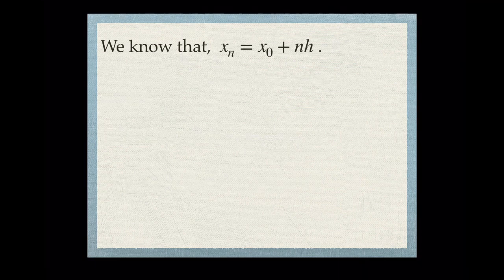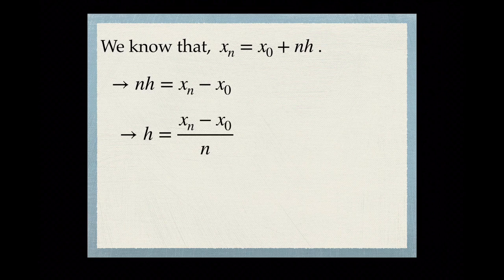So in the next stage, in the formulation we saw that the last term xn is also represented as x naught plus n into h. With that I can also write, shifting x naught to the other side, nh is equal to xn minus x naught. In the next stage, h will be equal to xn minus x naught divided by n.